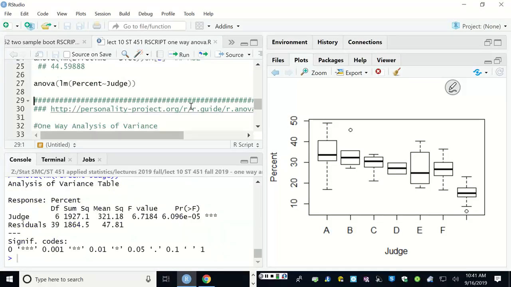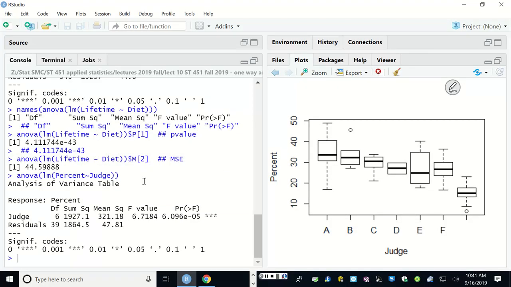Here's what the ANOVA table looks like in the judge case. It's also highly statistically significant. There were 7 judges, so 6 degrees of freedom. I think 46 total, the number of rows of that case.